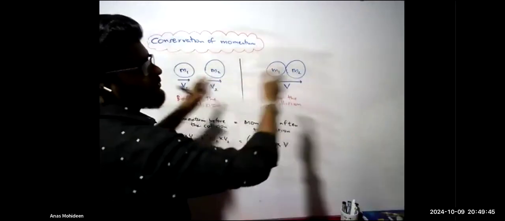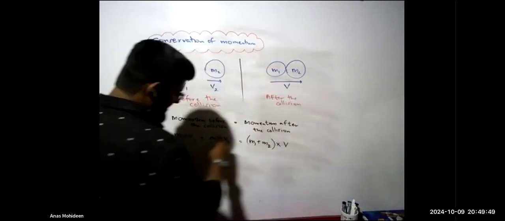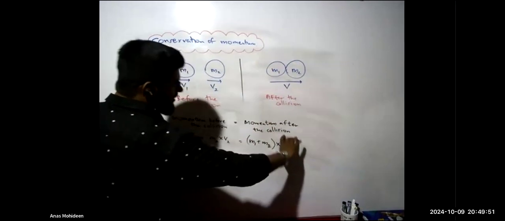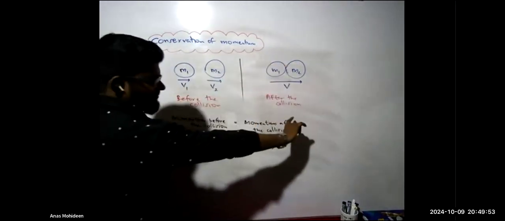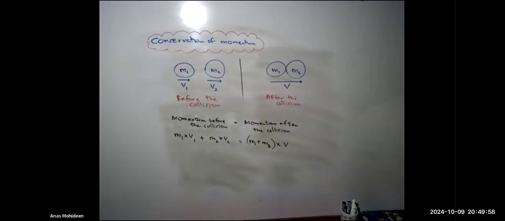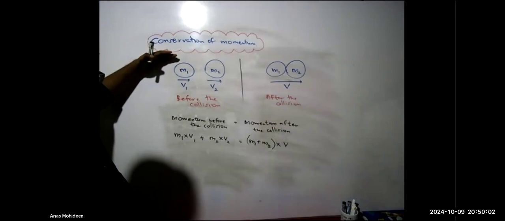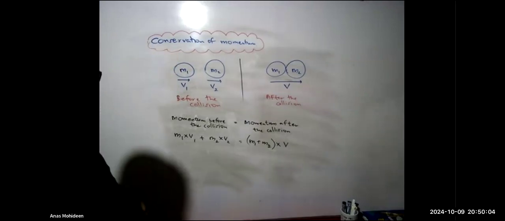Maybe splitting, maybe moving in two different directions. In that case this may differ depending on the question, but the theory is the same: before collision momentum equals after collision momentum. So let's write it down from here. Draw the diagram and just below it mark it down.